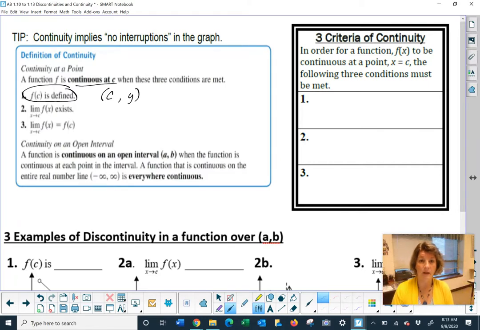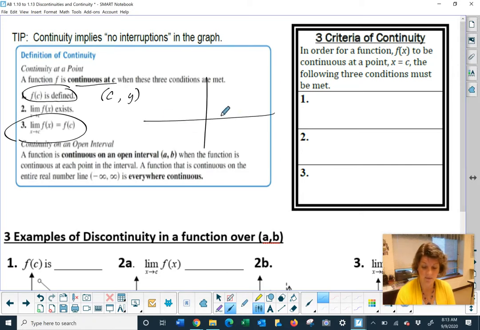And the third thing, which ties both parts 1 and 2 together, is this notion that the limit must equal the point. And so if I think about this, if I have c here, and I want to plot out my point, let's say we've got a point right there. So 1 exists, I have a point. 2, the limit exists, it could look like this.